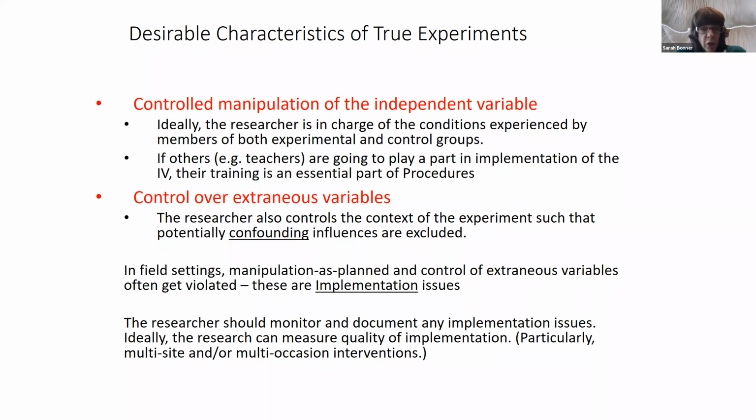So desirable characteristics, controlled manipulation, okay? That is the researcher actually delivers the intervention. This is one of the big things in field experiments, where usually for a variety of reasons, schools, for instance, will not allow researchers to come in and, for instance, take over the class.